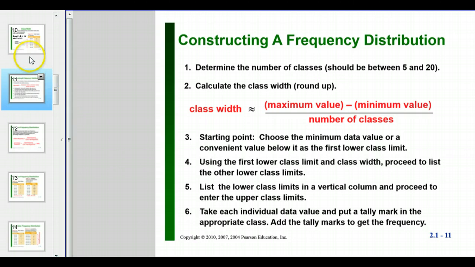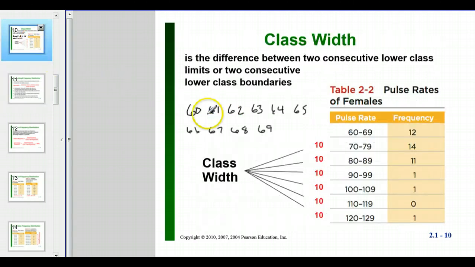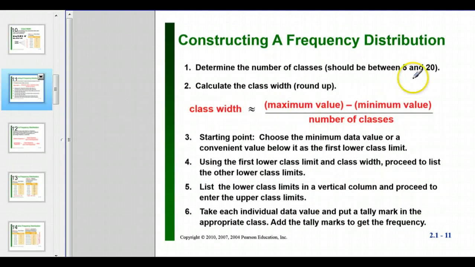Definitely no less than 5, but really no need for more than 12 usually. But if you see here, for this example we've been using in this frequency distribution, we've got 1, 2, 3, 4, 5, 6, 7 classes. So I'm going to let that be 7.